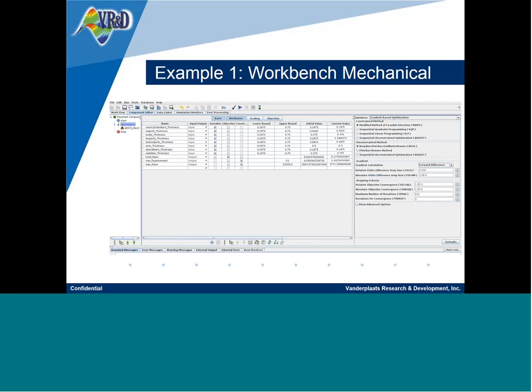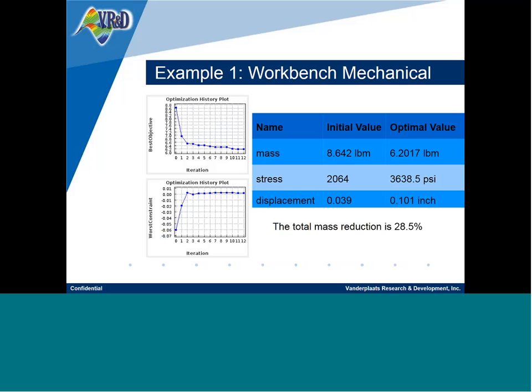After you link the data, you set up the optimization component. For this problem, we use gradient-based optimization. It takes 12 iterations to converge, and the total mass is reduced by 28.5%.